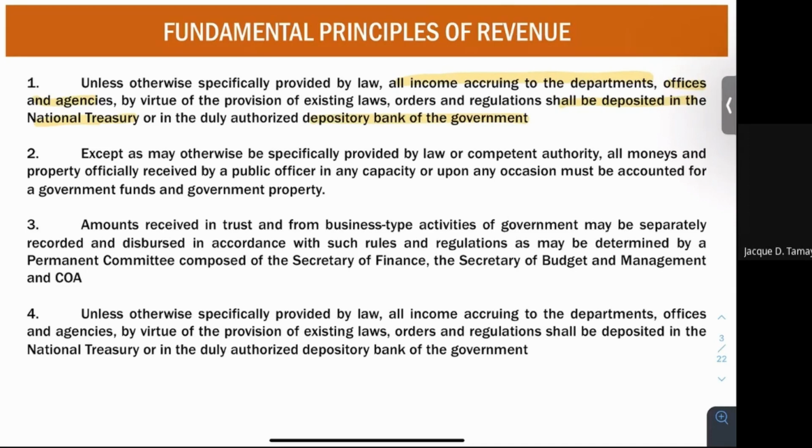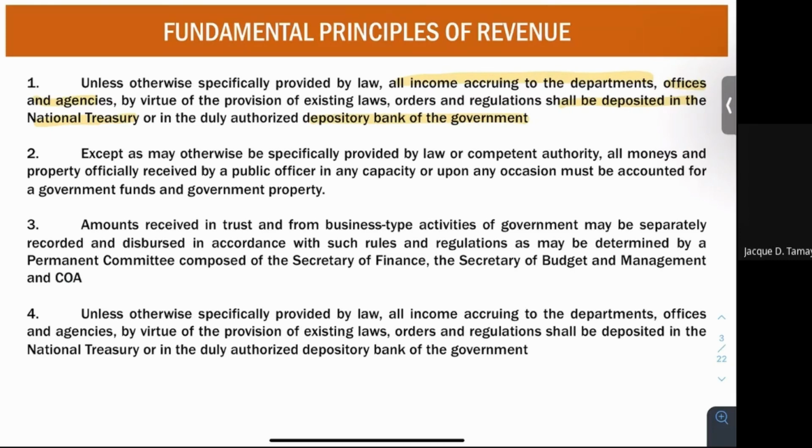Actually, maybe you will think, sir, what will happen therefore with the income? We thought before that whenever there is a fund, that fund comes either from the taxes or an internally generated fund, such as the revenue of the entity. We thought of that before, right? However, as a rule, before you can make use of that internally generated revenue, it must first be deposited in the National Treasury.